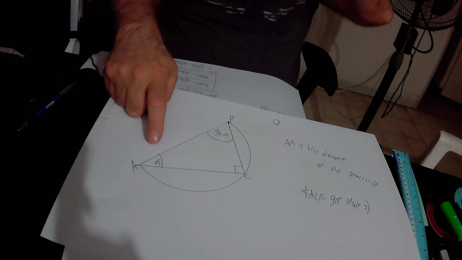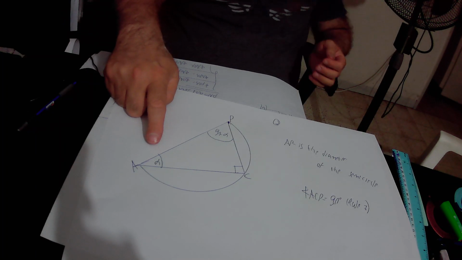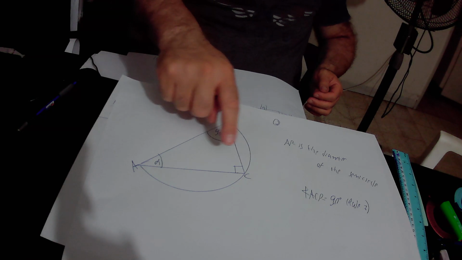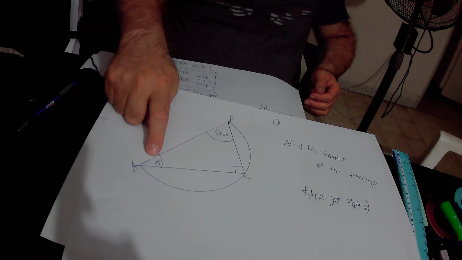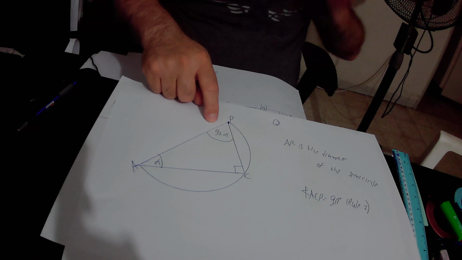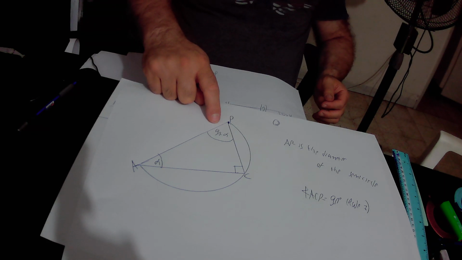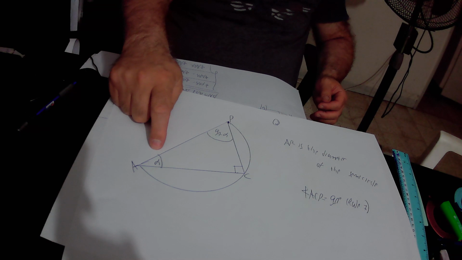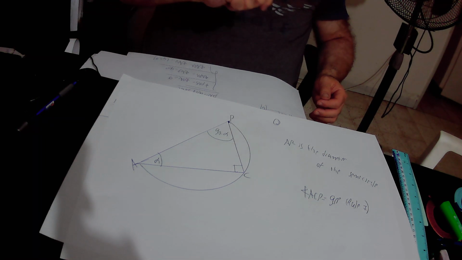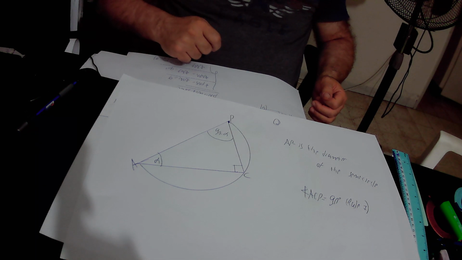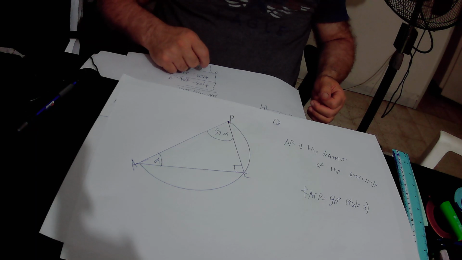So in this right triangle PCA, this angle equals alpha, this angle equals 90 degrees, therefore the missing angle here must be equal to 90 degrees minus alpha. Why? Because 90 degrees minus alpha plus alpha is 90 degrees, and 90 degrees plus 90 degrees is equal to 180 degrees, that is the sum of the angles in any triangle.